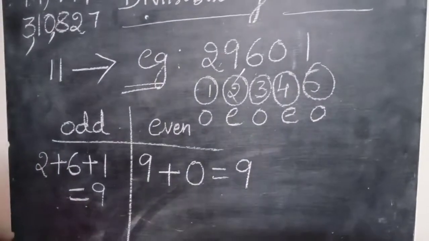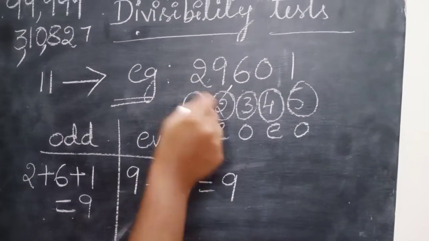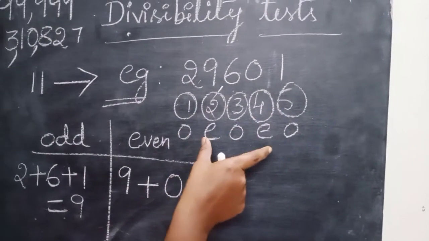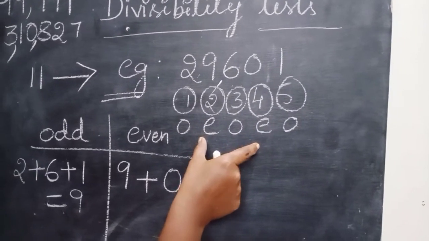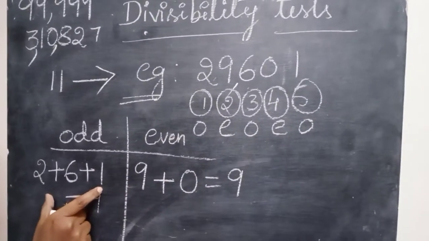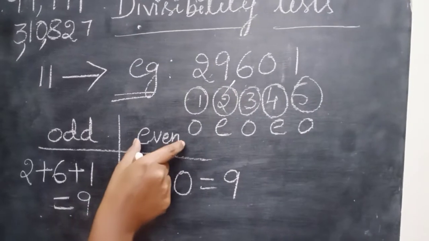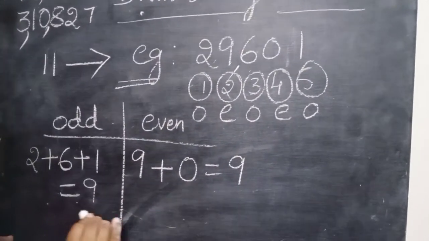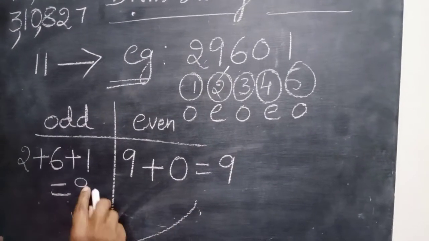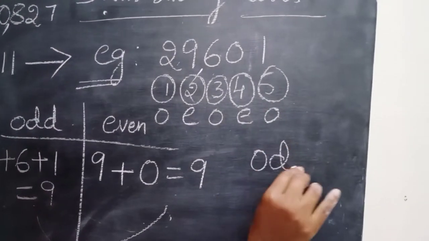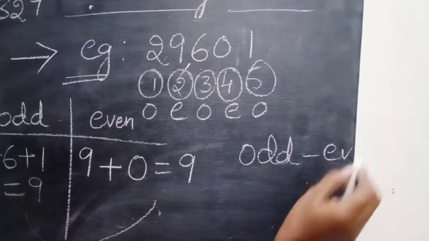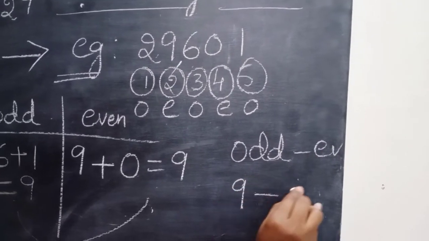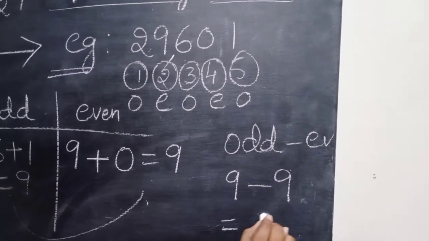So what should we do now? First we need to find out the odd places and even places. Then you have to add them separately, and then subtract these two: odd places minus even places. Now 9 minus 9 is equal to 0.